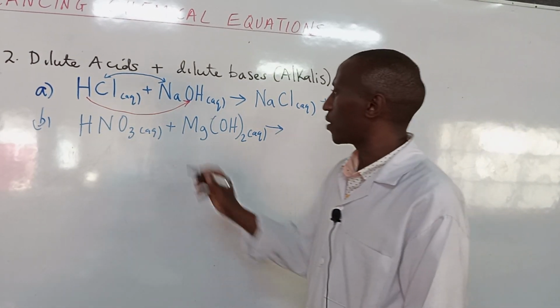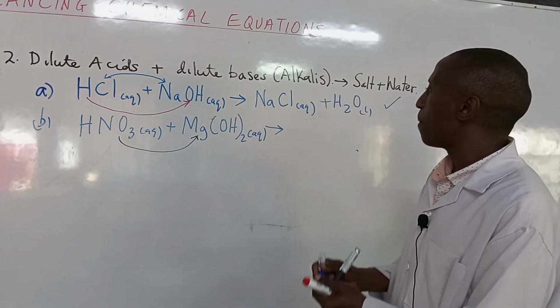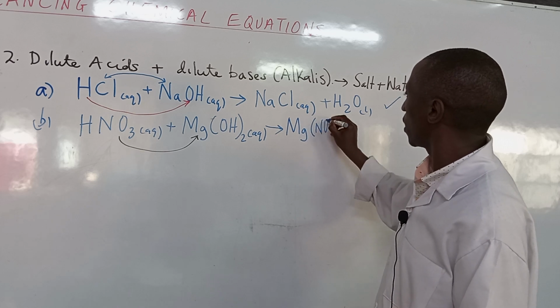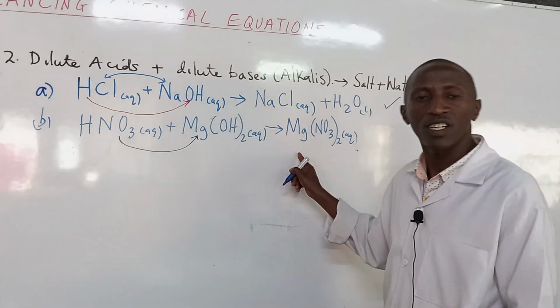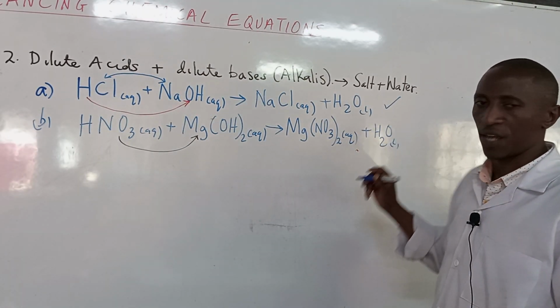Which salt is here? We have the nitrate reacting with magnesium to form magnesium nitrate. Magnesium nitrate with a 2, and that is soluble. All nitrates are soluble, and the production of water.